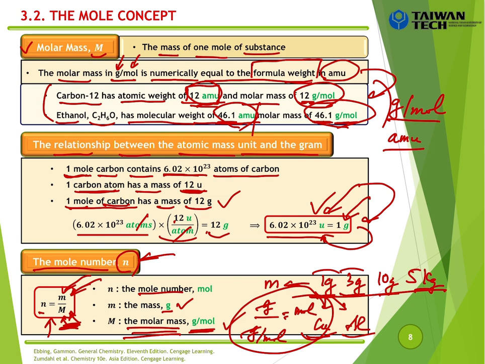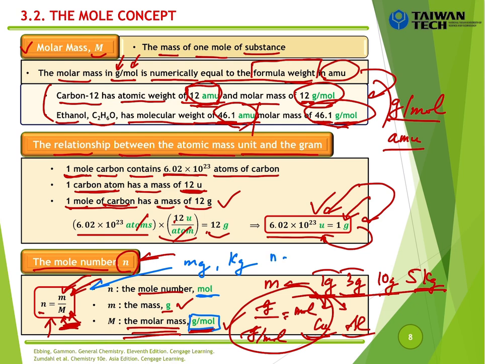So for the problem, if you calculate the mole number, you may be confused. Maybe some problems give you gram, or some give you milligram, or maybe kilogram. But the unit when you check from the periodic table is always gram per mole. So how about the unit for our mole number? For this kind of problem, you just carry the unit with your calculation and you can check it.